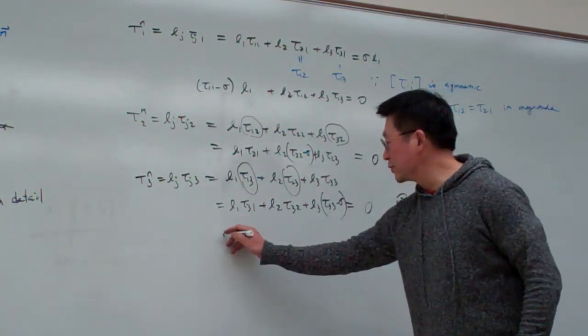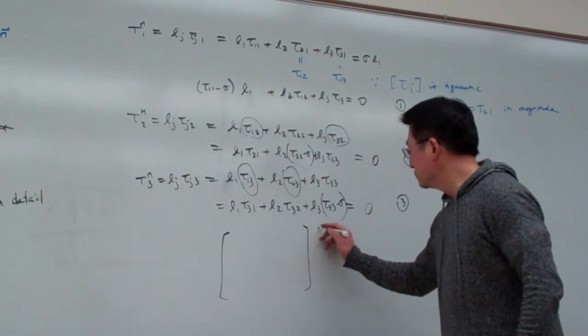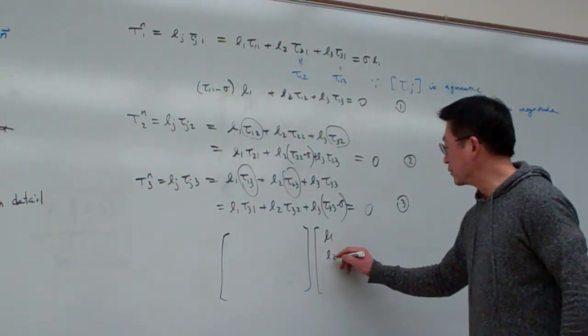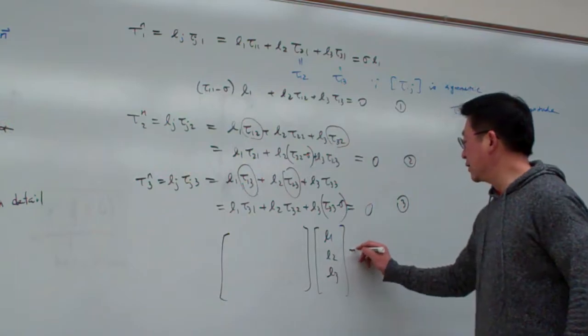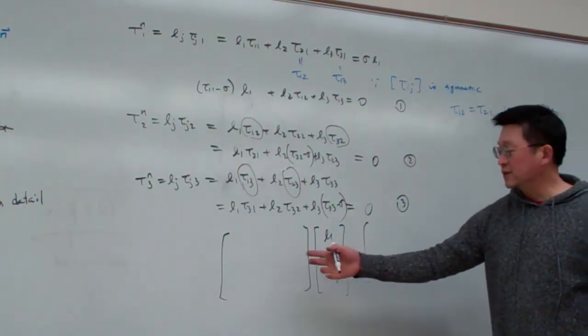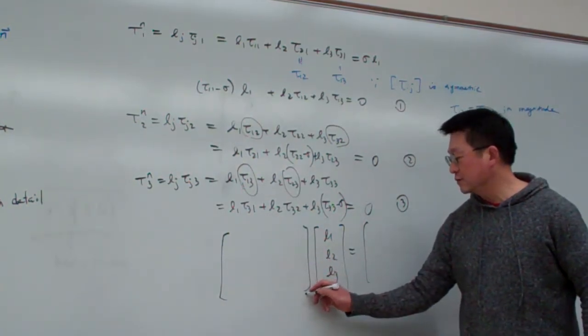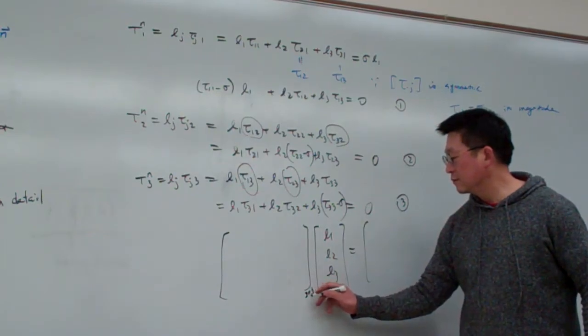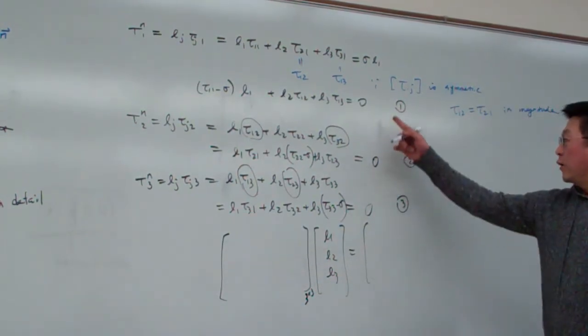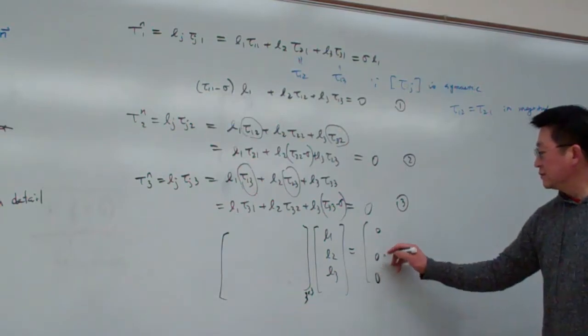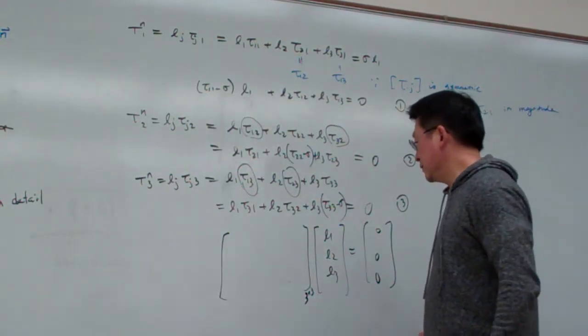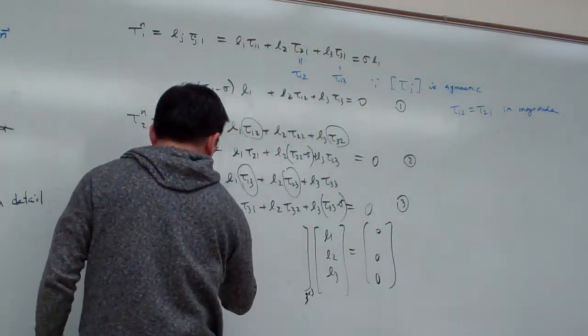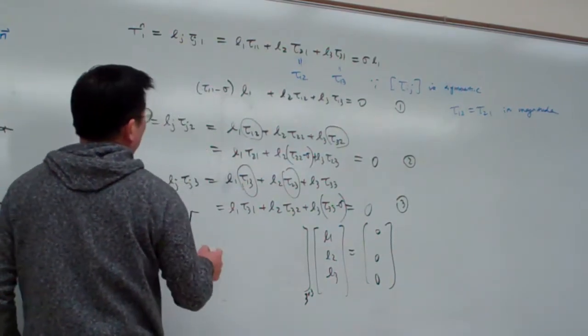Let me put it into the matrix form here. L1, L2, L3. And the three equations, basically this is the 3 by 3 matrix. Right hand side is 0, 0, 0. The left hand side is this.